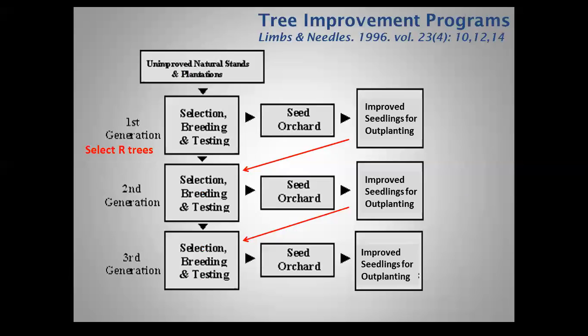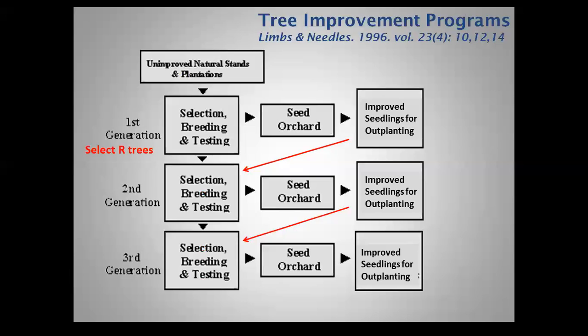But with this onslaught of invasives, I think that provides an argument for us to reinvigorate tree improvement programs and the infrastructure that it takes, so that we can apply those same principles and concepts to selecting and breeding for resistant trees, and not just focusing on timber production.